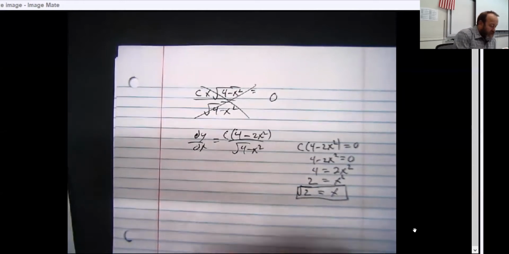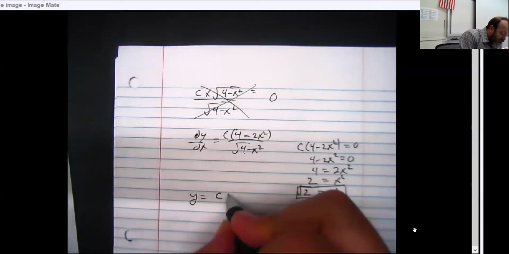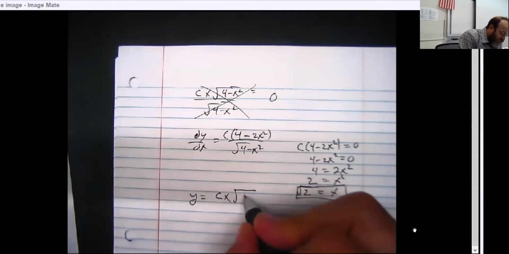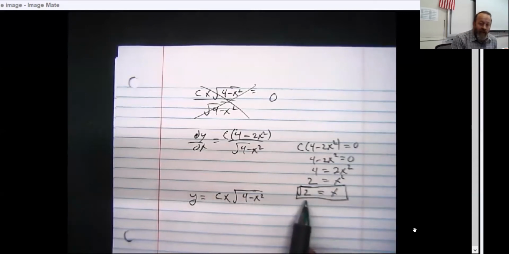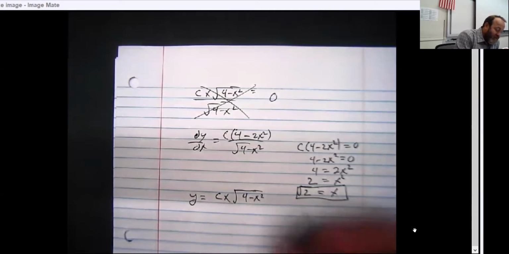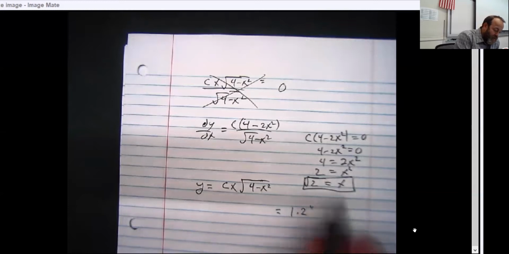But we know that the actual function for this thing, y, was equal to cx square root of 4 minus x squared. And we actually found that the value that it happens at is when x equals root 2, and that the actual value of y at that maximum was 1.2 inches. So I know that y is 1.2, and I know x is root 2.